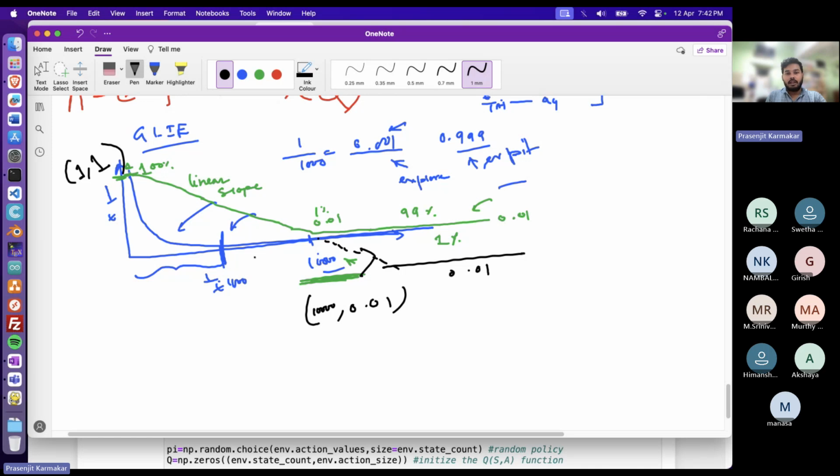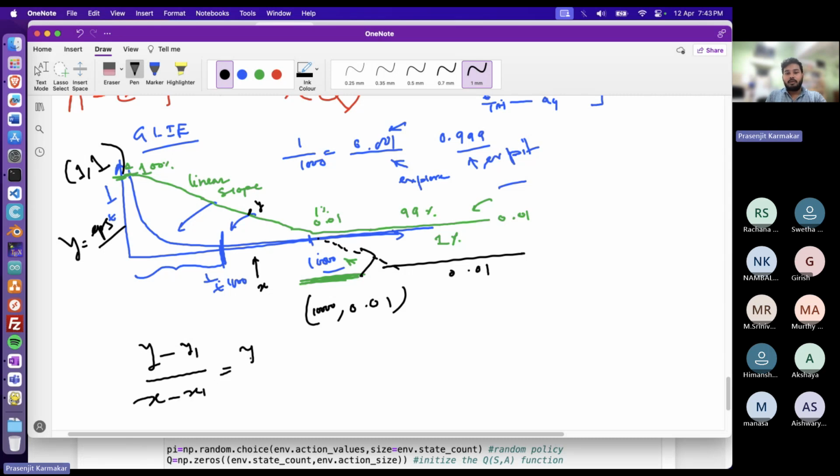So till here, if I want to know at any position of x, what is my epsilon value y? So what is the equation? Equation is this, epsilon, or y. So the equation is (y minus y1) divided by (x minus x1) is equal to (y2 minus y1) by (x2 minus x1). This is a standard class 12 equation.